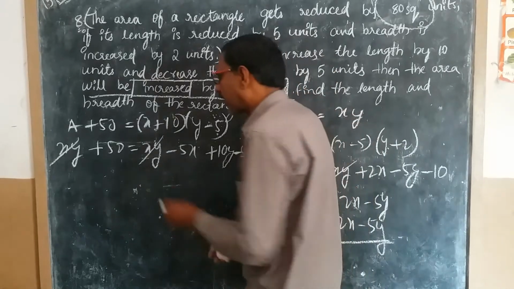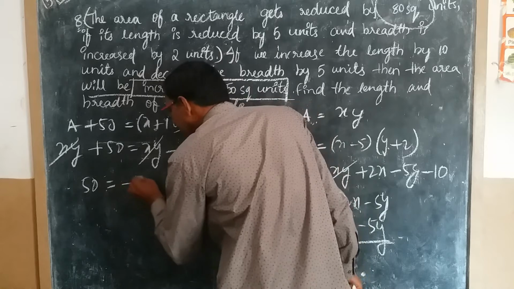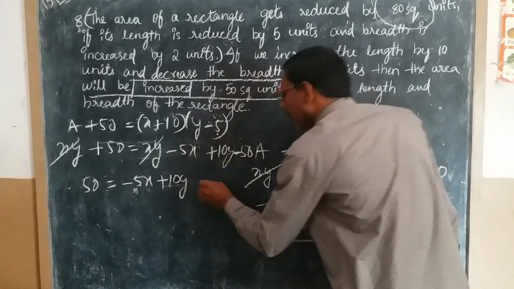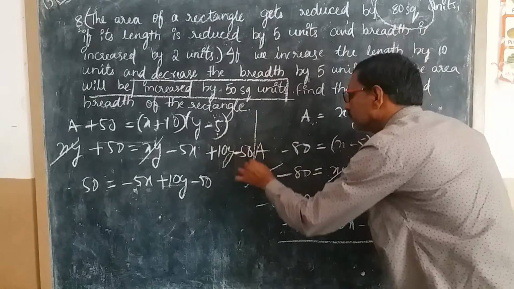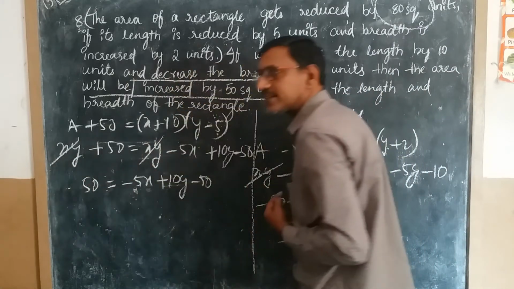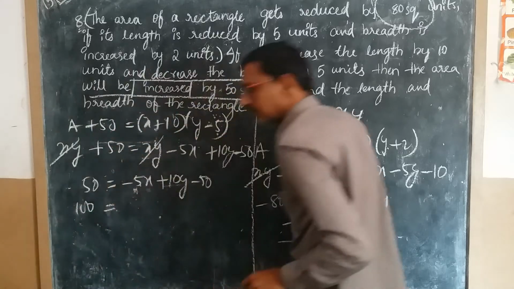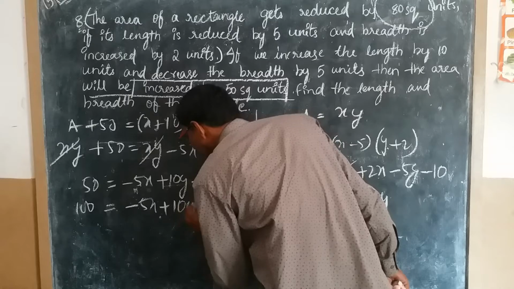Now coming to here, 50 is equal to minus 5x plus 10y minus 50. Now this minus 50 will go that side, plus 50. 50 plus 50, 100. Then here I have minus 5x plus 10y.